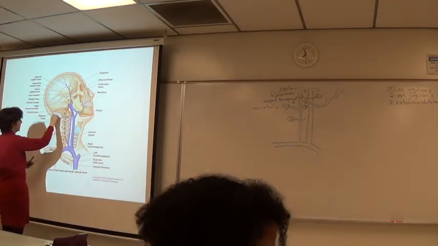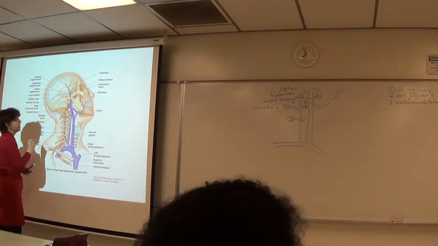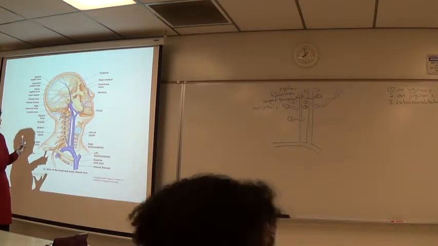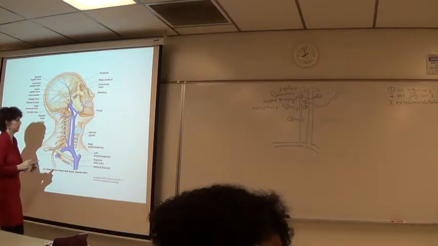So we have occipital vein here, superficial temporal veins. All the other veins that we talked about, I'm not going to put them on there because they're the same. And then this retromandibular vein connecting those.